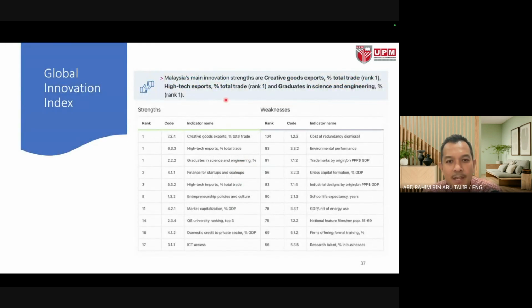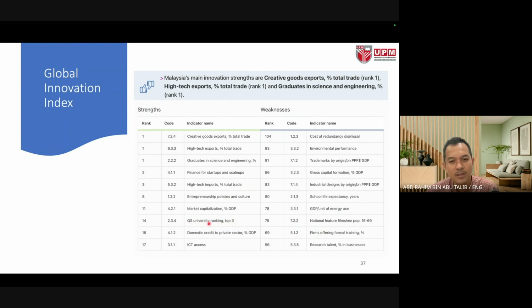In terms of the strengths and weaknesses, I'm not going to dwell on all of this. What is interesting here on the strengths is the QS University ranking top 3: we have University Malaya, University Putra Malaysia. I'm proud to say that we are here.